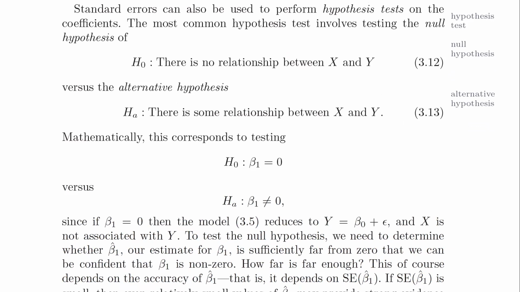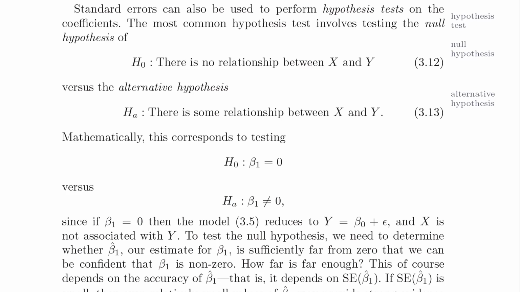The most common hypothesis test involves testing the null hypothesis. What do we mean by a null hypothesis? The null hypothesis is normally the conservative bet. For example, the null hypothesis would be there is not a teapot orbiting the Earth.